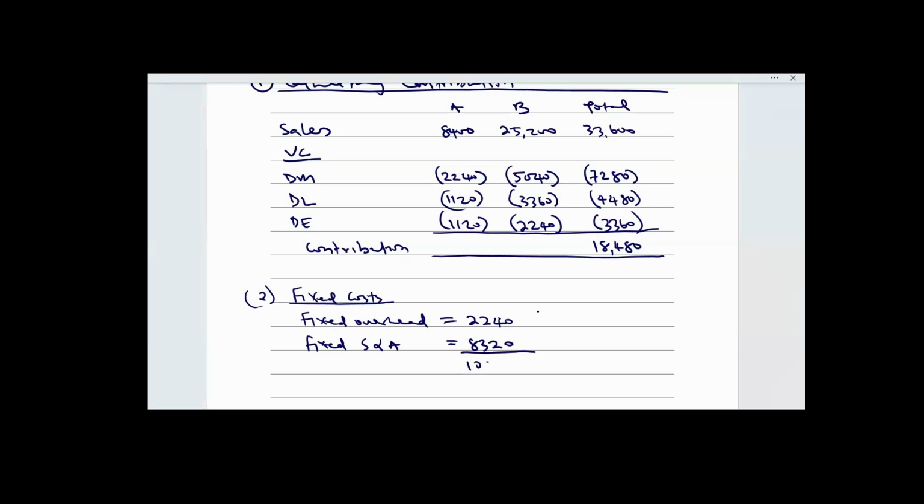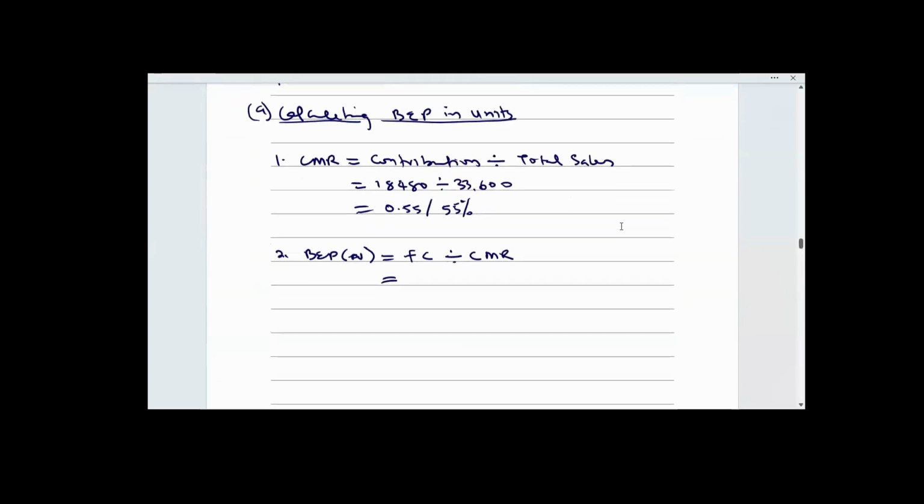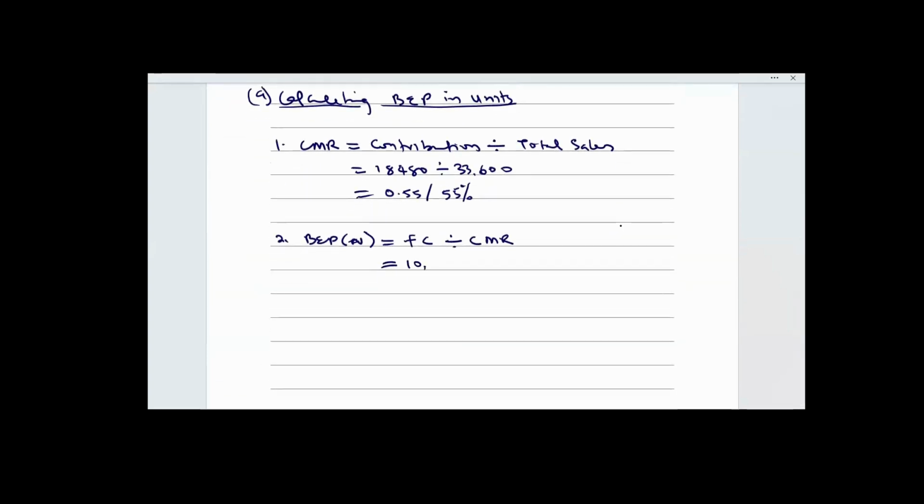Add it up, that's 10,560. So the total fixed cost is 10,560. I will then go up there. 10,560 divided by 0.55 will give us 19,200. That is 19,200,000. Remember, our figures are in thousands.